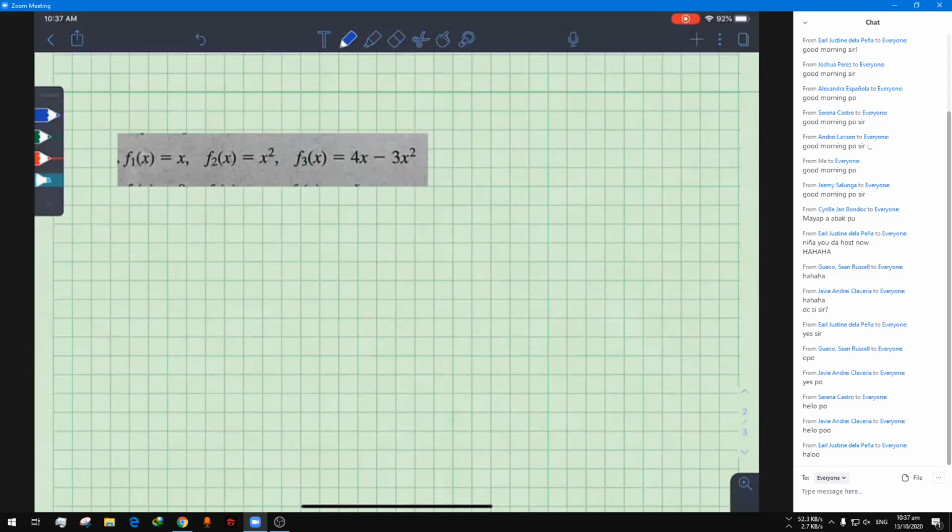The other, f2 of x, is x squared. f3 of x is 4x minus 3x squared. Those are the three functions. We are going to test whether these three functions are linearly dependent on each other.